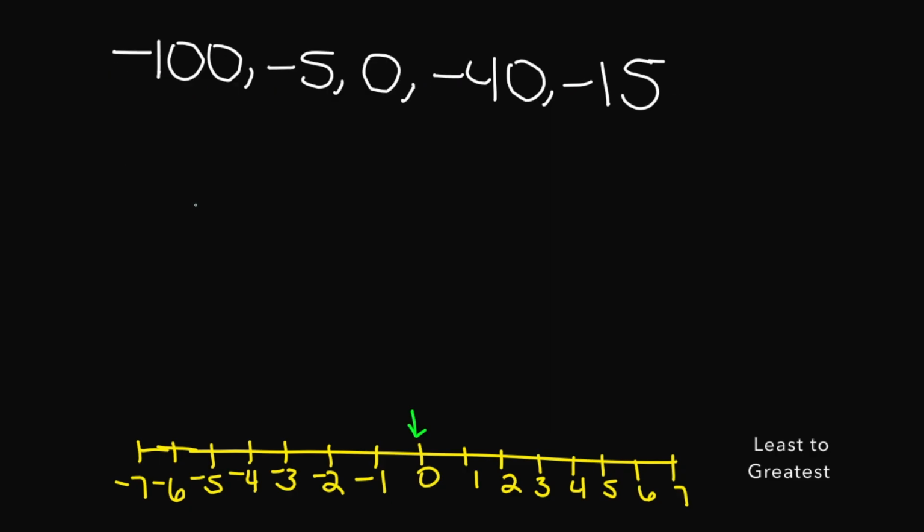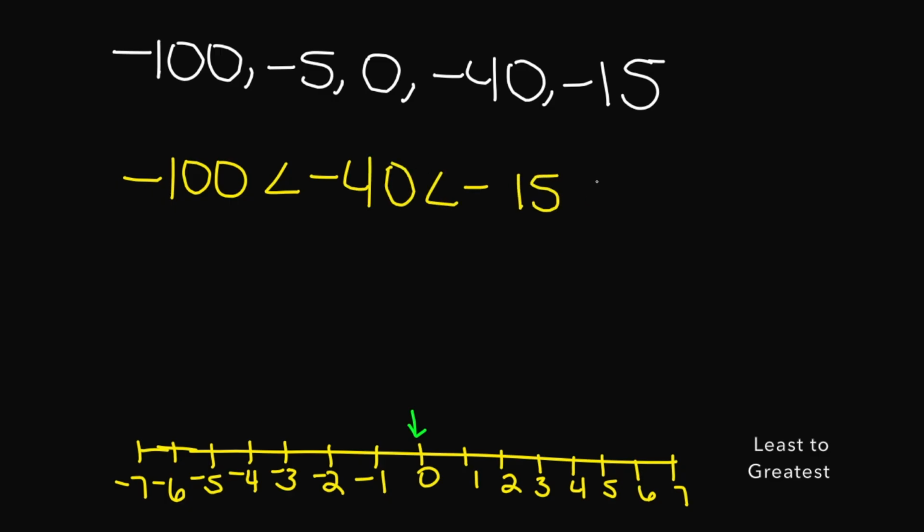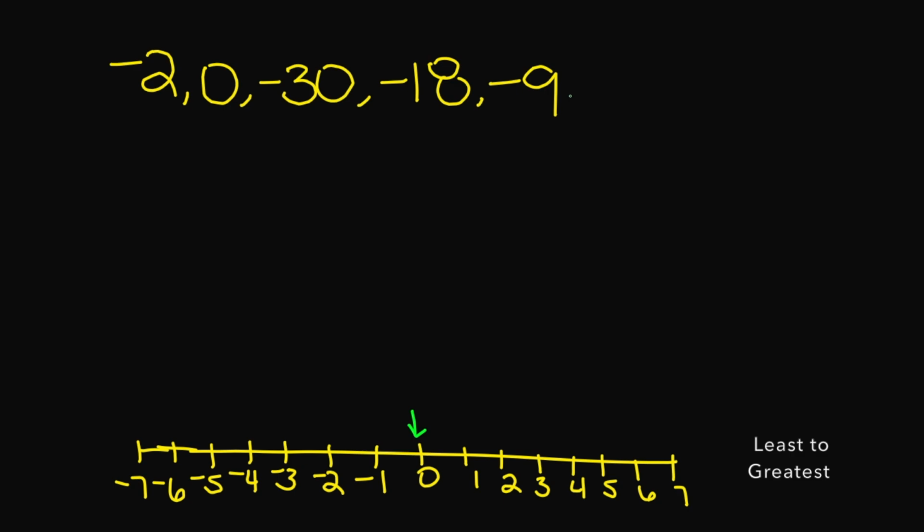-100, -5, 0, -40, -15. The smallest number here is going to be -100. Then you have -40. Then you have -15. -15 is less than -5. And then -5 is less than 0. Next, -2, 0, -30, -18, and then -9.